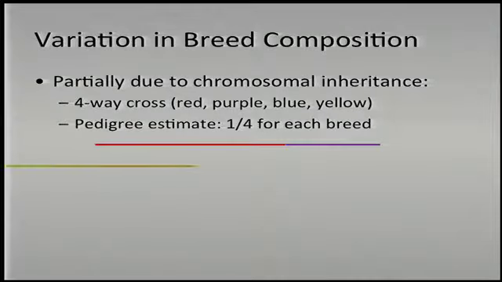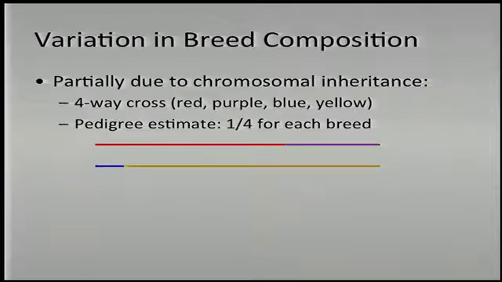If you look at a 4-way breed cross where we have 4 generic breeds, the breeds are red, purple, blue, and yellow here. On a single chromosome, because of crossover events from the grandparental breeds down into the actual individuals, we end up with different amounts of each of the breeds in the chromosomes, okay?